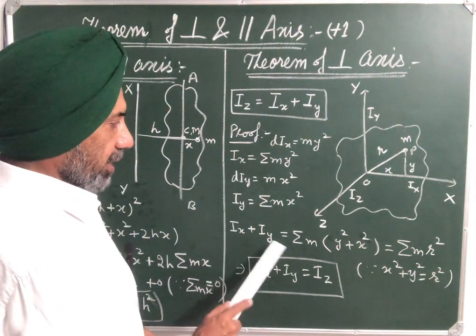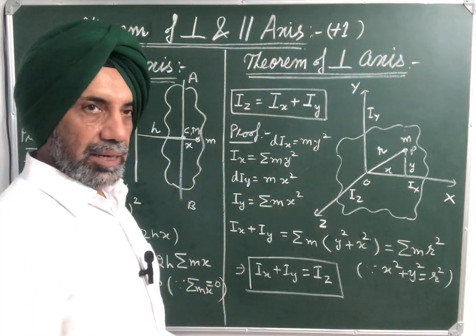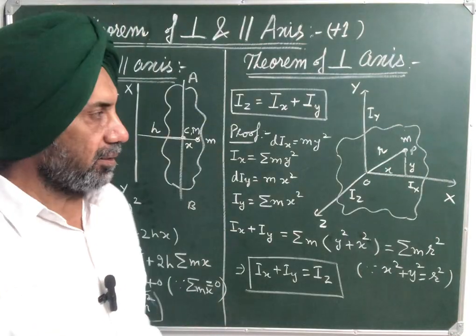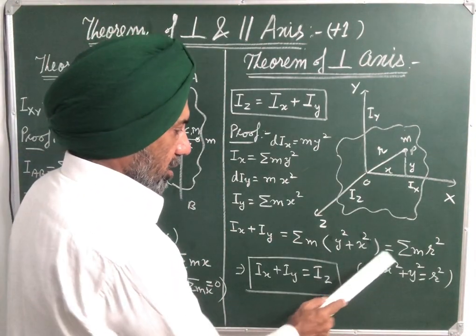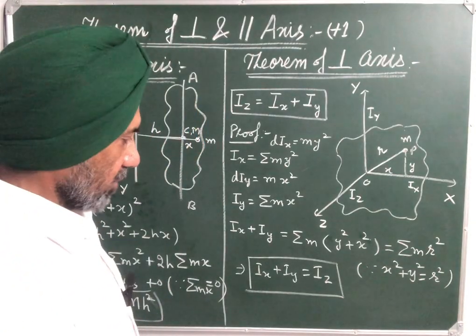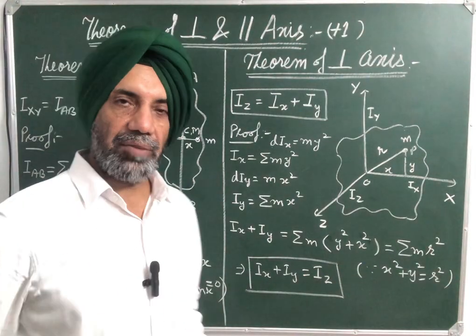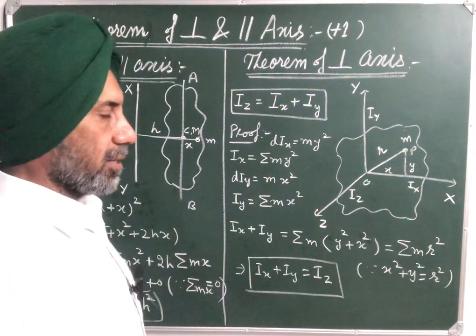Adding Ix plus Iy, on the right hand side, taking summation m common, y square plus x square. Now y square plus x square is equal to r square from the right angle triangle. Therefore, Ix plus Iy is equal to summation m r square, and summation m r square is nothing but Iz by definition. So therefore, Ix plus Iy is equal to Iz.